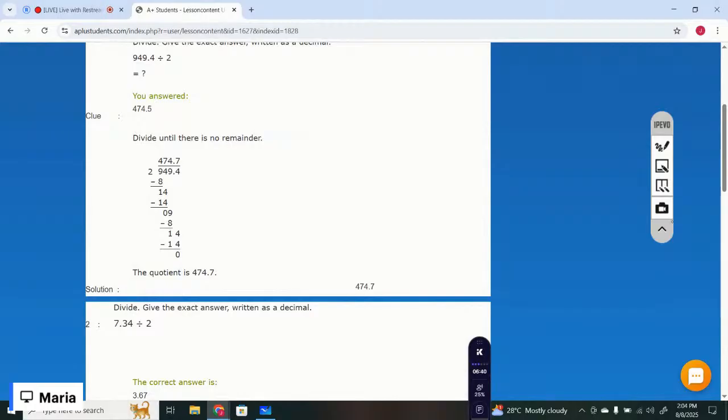So 2 times 4 is 8. 9 minus 8 is 1. Put a decimal point on the quotient and bring 4 down. 2 times 7 is 14, so that is 474.7.